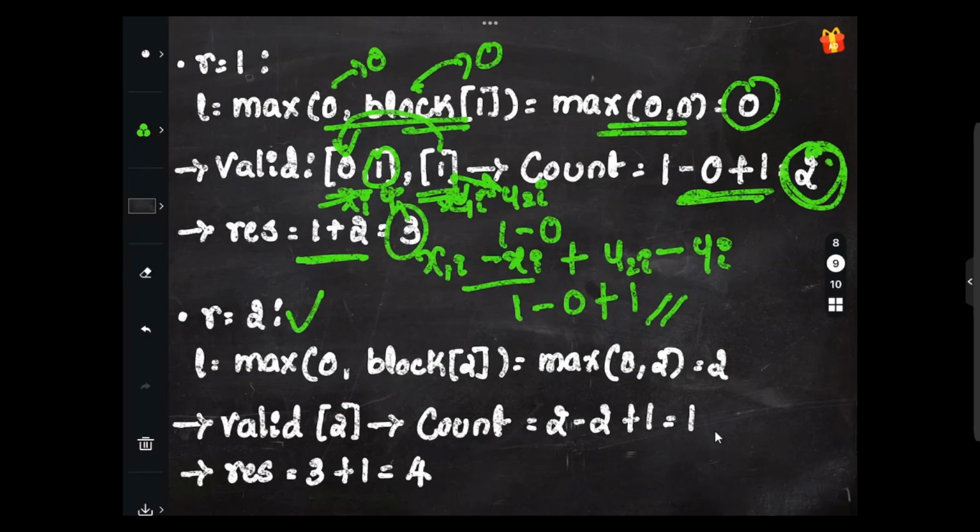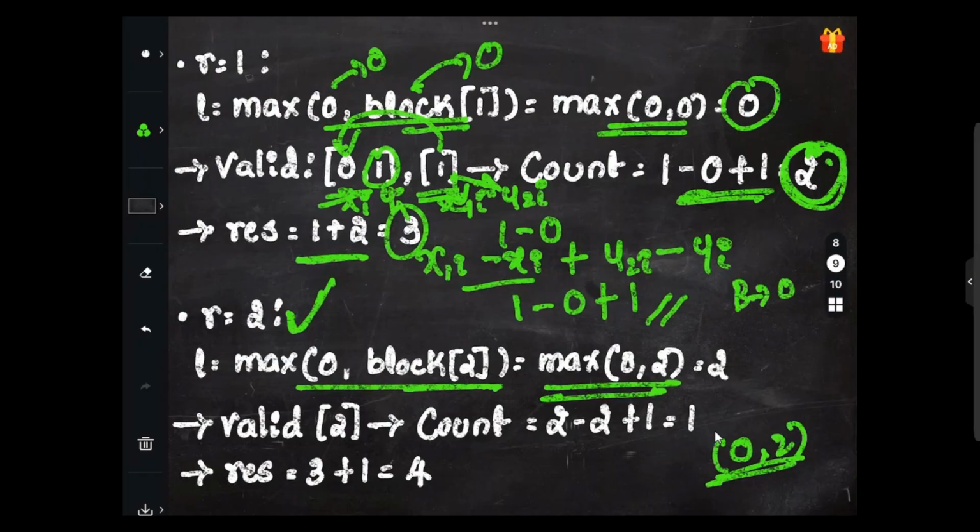Now let's go with when r equals 2. L equals max of 0 comma block of 2. So this will be max of 0 comma 2, because now we have the block of 2 value as 2. Block 0 consists of value 0, block 1 consists of value 0.